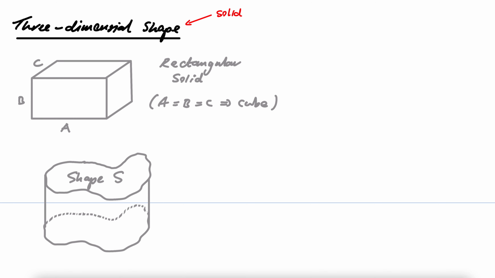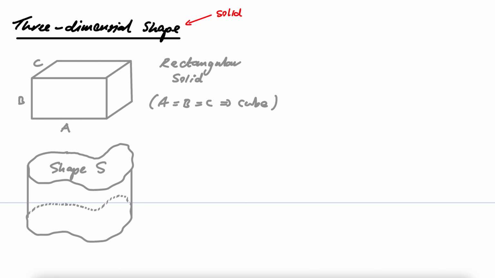Okay, now this is a bit of a weird shape, but there are very special cases which are really important. We've already seen the rectangular solid. Another example would be a cylinder, where the shape on top is a circle.